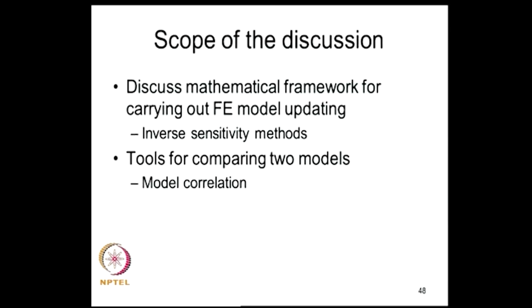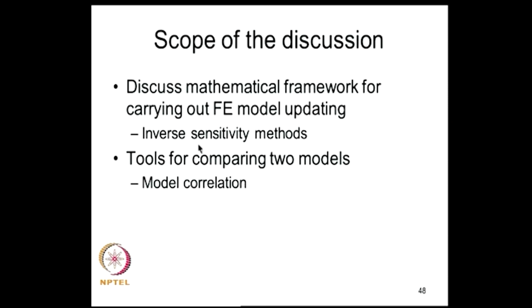So, this is just a quick overview of some of the issues that arise when we think of reconciling finite element model predictions with experimental data. What I aim to do in the next one or two lectures is to give a glimpse of basic issues related to finite element model updating. The discussion will be focused on the mathematical framework for carrying out FE model updating.